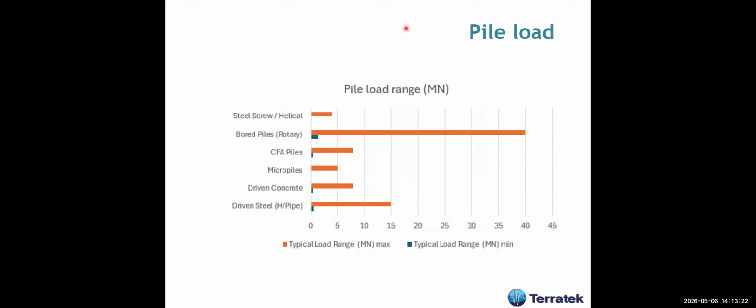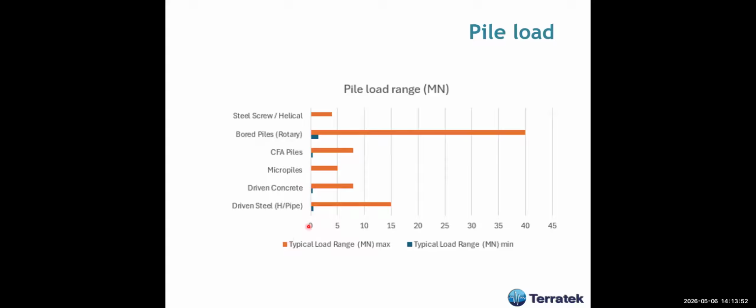So, pile loads. Here we see a typical loading range in meganewtons, and usually the bored piles are those that take enormous loads, up to say 40 meganewtons, which is a lot. CFA piles and micro piles are in this range here, less than 10 meganewtons. Driven concrete piles also have small capacity.